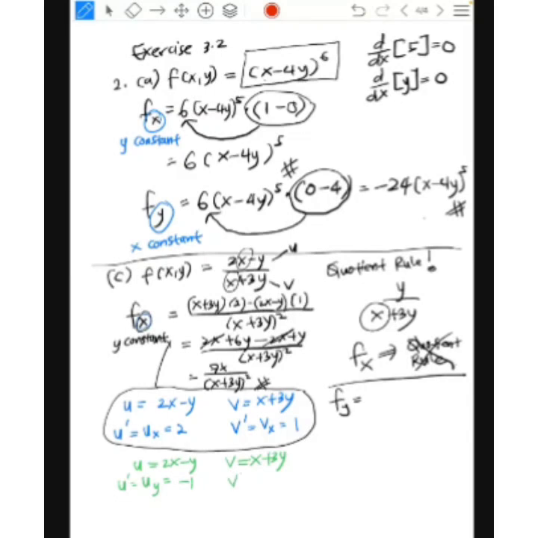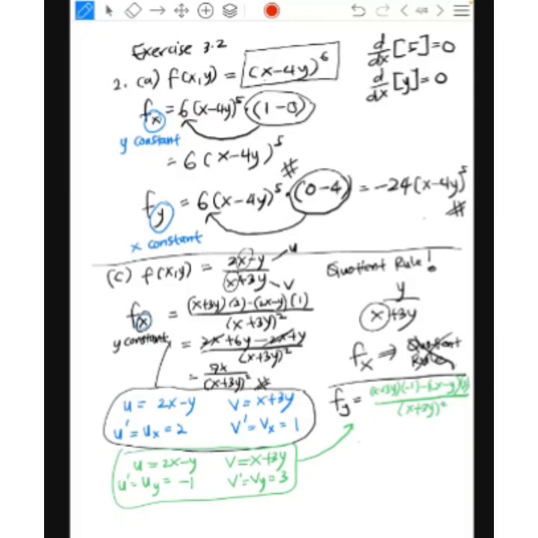Then V prime is equal to Vy, which is 3. So just substitute the function here. What you have, V is x plus 3y, U prime is negative 1, minus U is 2x minus y, times 3, over x plus 3y squared.